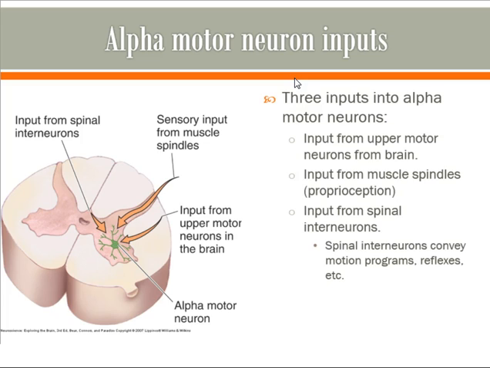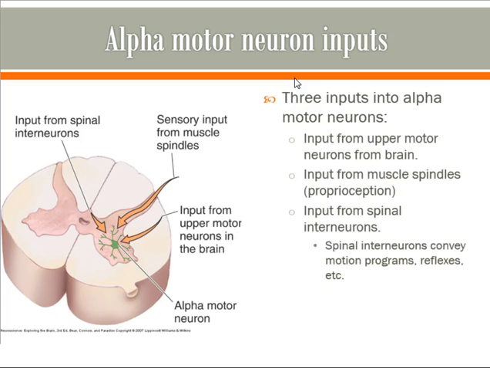In addition to input from the upper motor neurons from the brain, you'll also have input from spinal interneurons. These spinal interneurons can be conveying other kinds of input. There are other reflexes operating through your spinal cord beyond just the muscle spindle one, and those reflexes will be feeding into and informing alpha motor neurons about what to do.